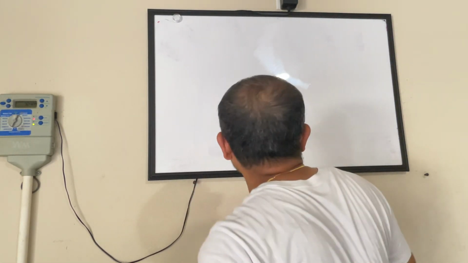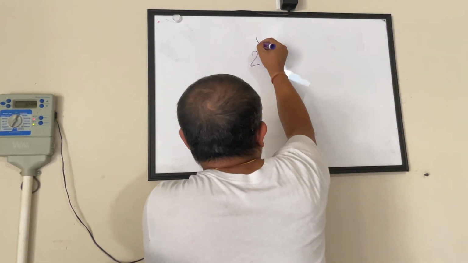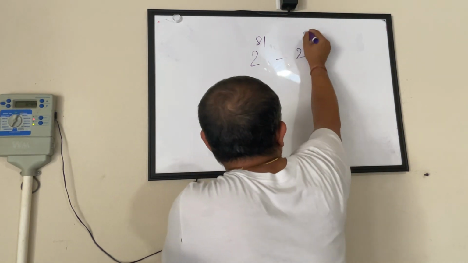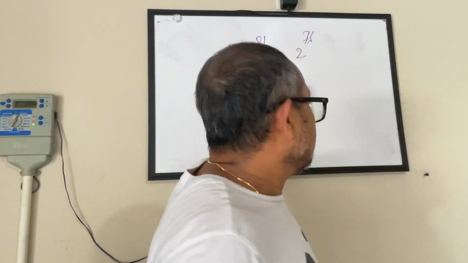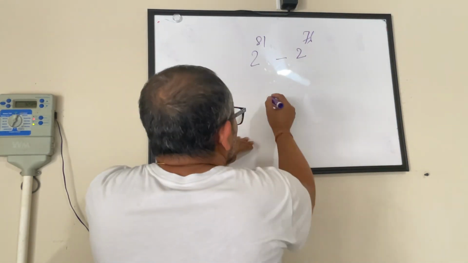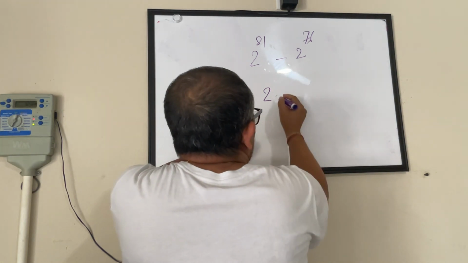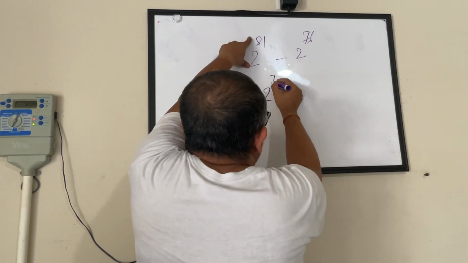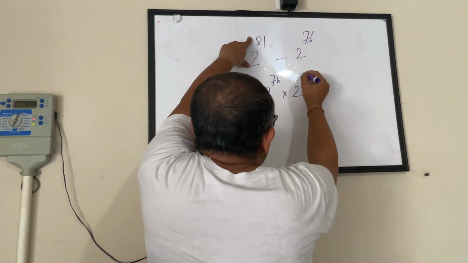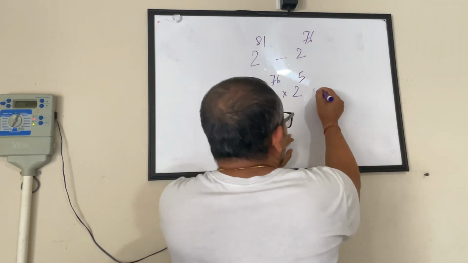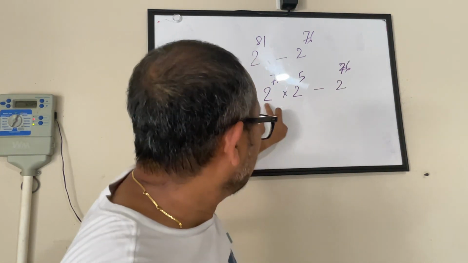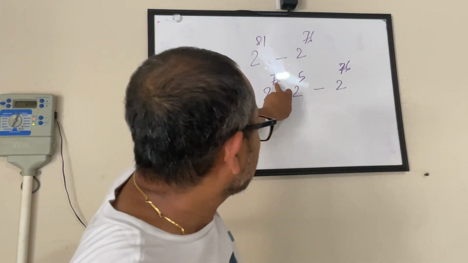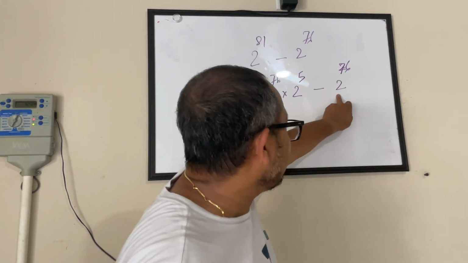So let's say somebody says 2 to the power 81 minus 2 to the power 76. Here, 2 to the power 81, I can write as 2 power 76 into 2 to the power 5. We just split that into 2 parts so that we can take common things out. So here, the first term has 2 power 76 into 2 power 5 and the second has only 2 power 76.